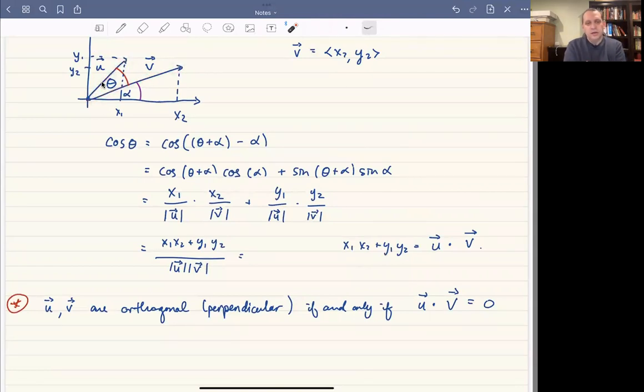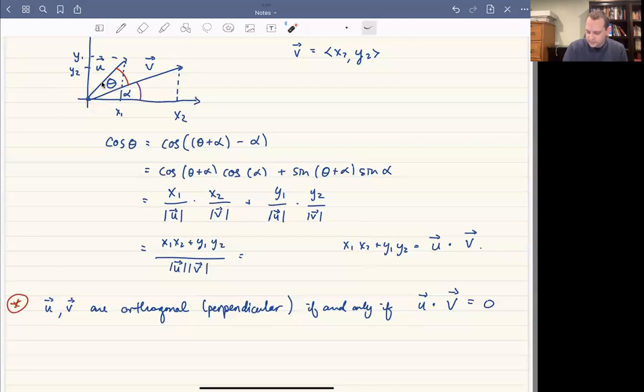The angle between the two vectors is less than 90 degrees. And if you have a dot product that's negative, that happens when you have a vector u and a vector v pointing in opposite directions, right? Because the angle between the two vectors would be greater than 90 degrees, and therefore cosine would be negative. And so the dot product can tell you a little bit about the geometry of these two vectors.